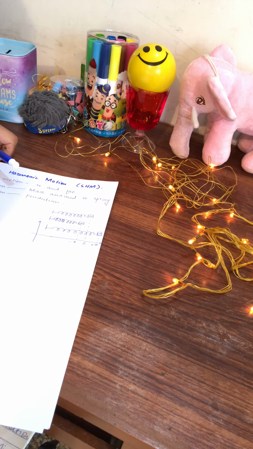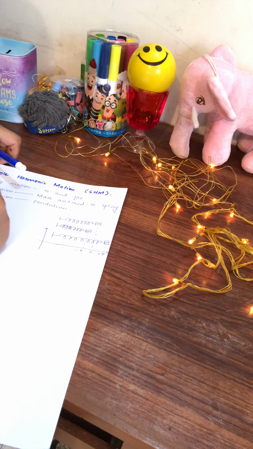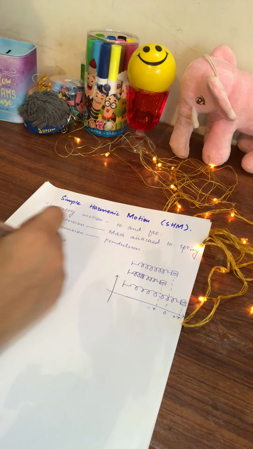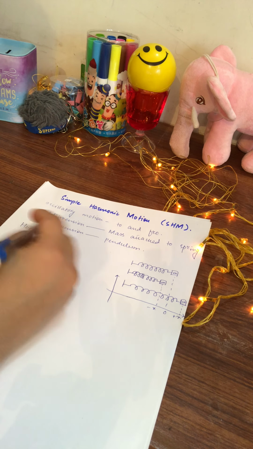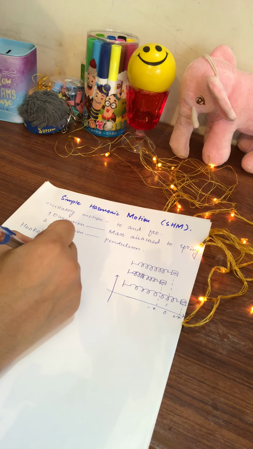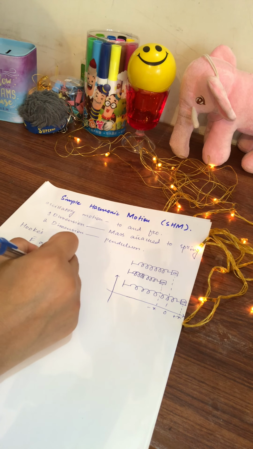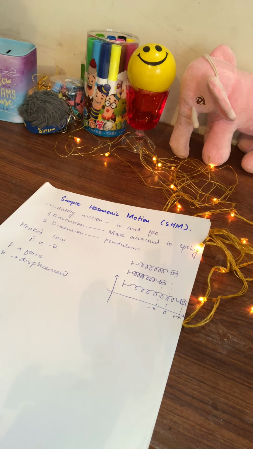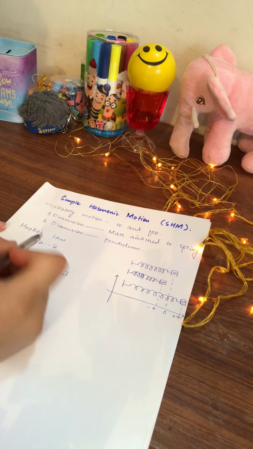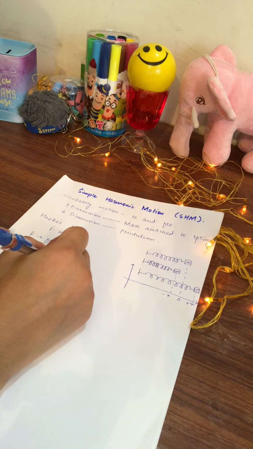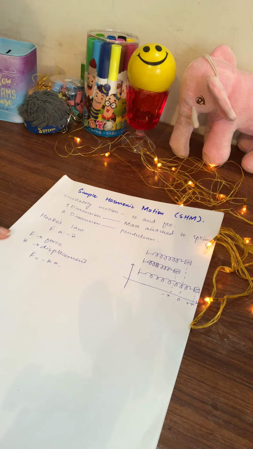According to Hooke's law, we can say that F is directly proportional to the negative of displacement. Here F is the force, x is displacement. When we change the proportionality into equality, a constant comes.